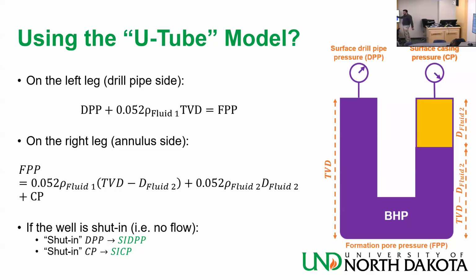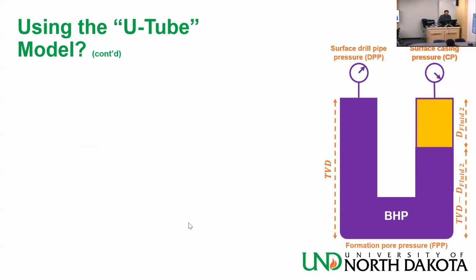Rho fluid 1 is very well known because that's what you mixed and put down hole. TVD is known. So basically, you have 2 unknowns, 2 equations, and you solve. If there are 3 unknowns, I need to give you another equation somehow, like with words, and you need to figure it out, which is not hard.